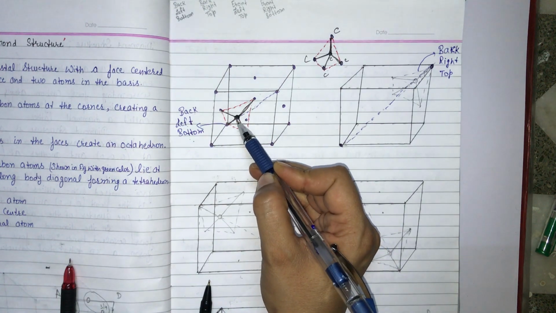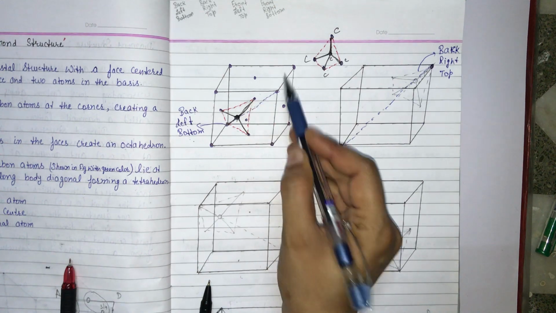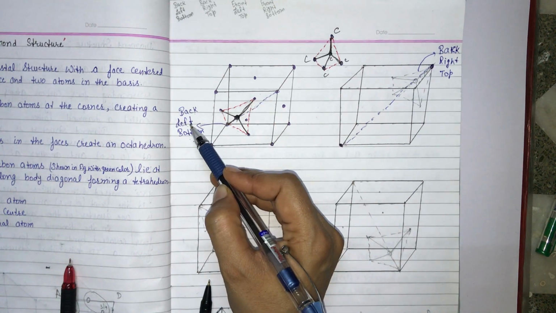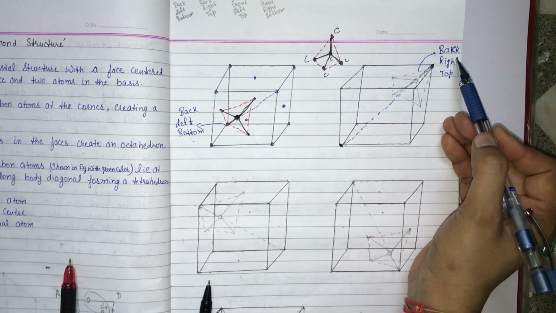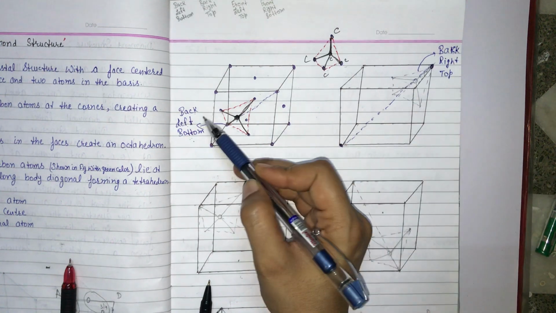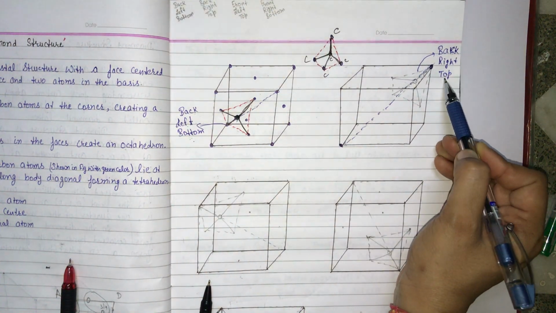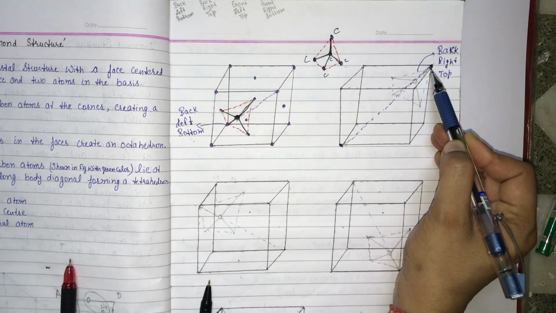If carbon atom along body diagonal is placed in respect to the back face on left and bottom on this body diagonal, then another carbon atom with respect to back will be at right and top from this point.